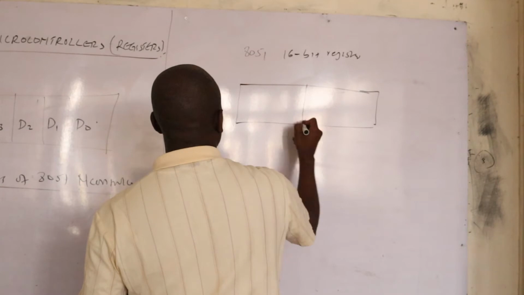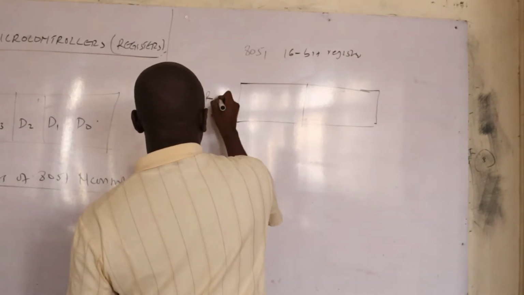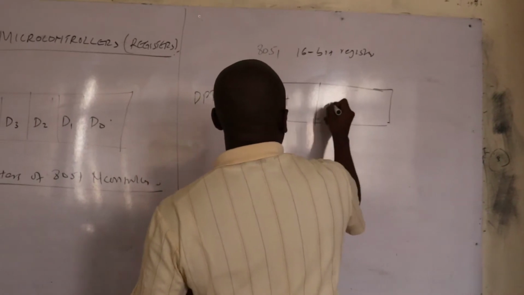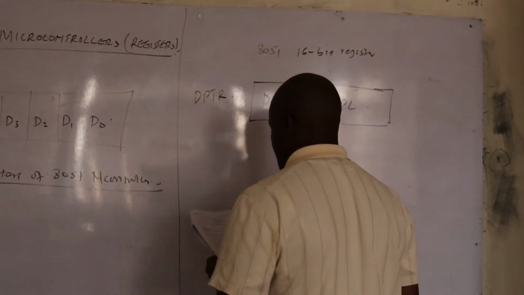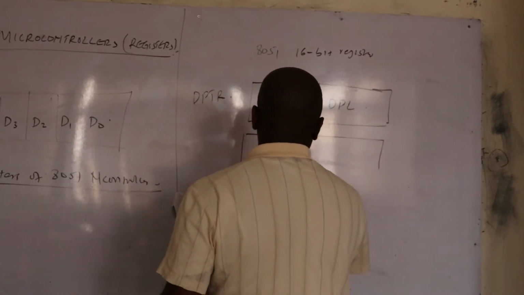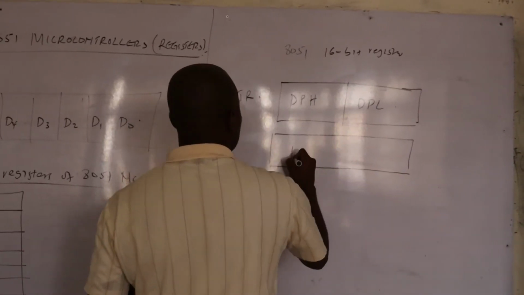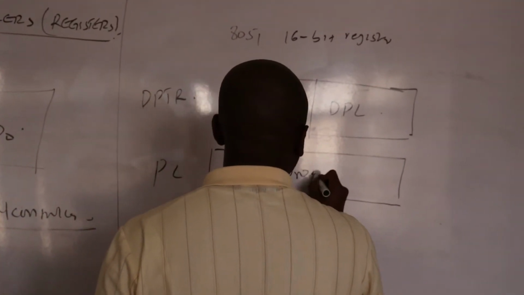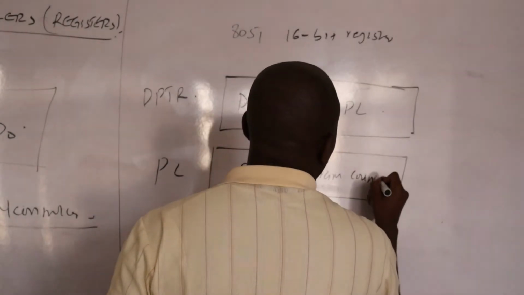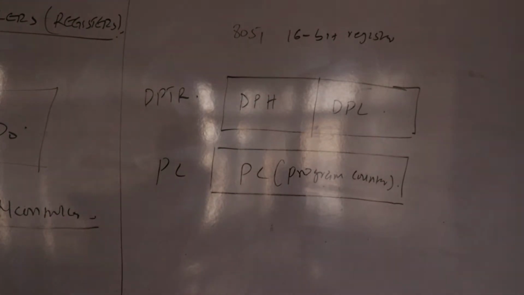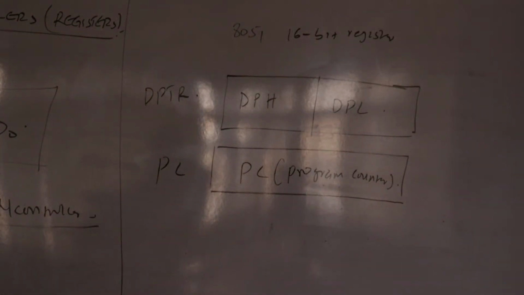We call it DPTR, which means the data pointer, and the data pointer high and data pointer low, so DPH and DPL. Then we also have another 16-bit register, the PC, which is the program counter. Those are the 16-bit registers that we can talk about.